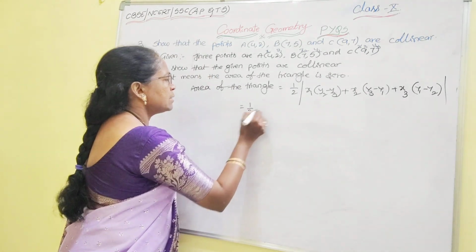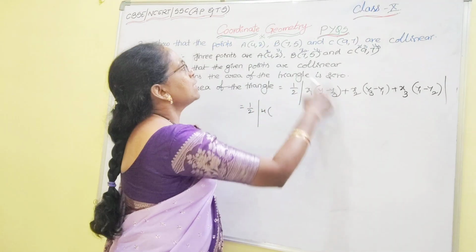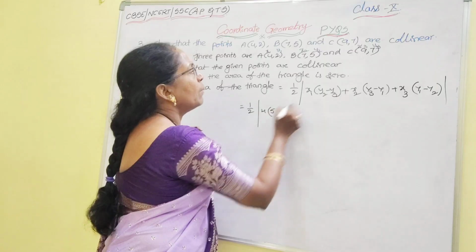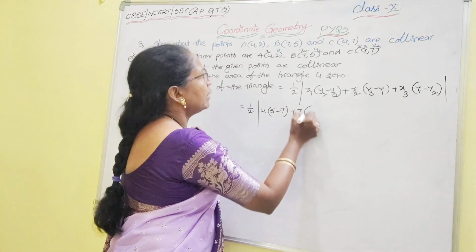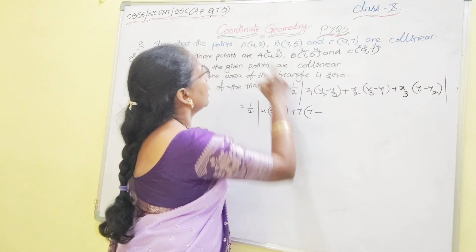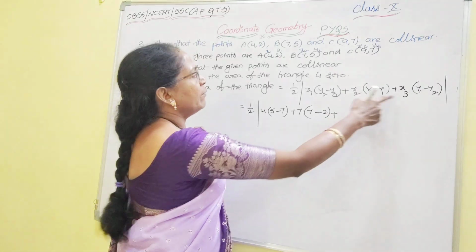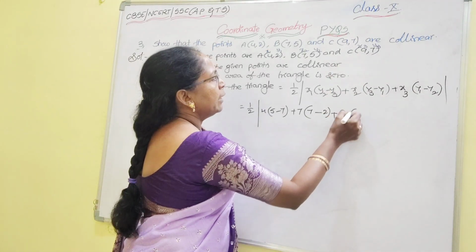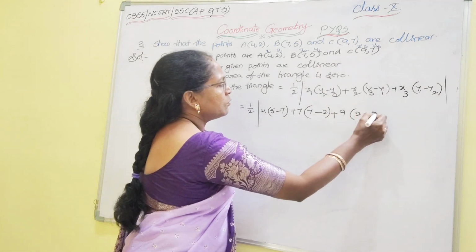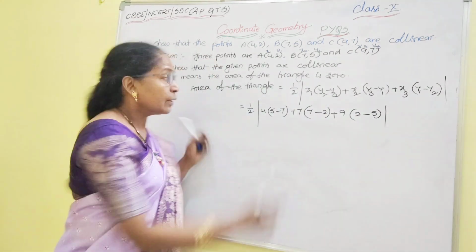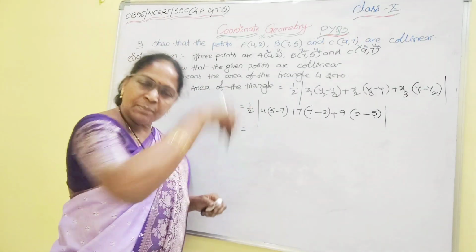Half modulus, where x1 equal how much? 4 into y2 minus y3, y2 equal to 5 minus y3 equal to 7, plus x2 equal to 7 into y3 equal to 7 minus y1 equal how much? 2, plus x3, where x3 equal how much? 9 into y1 minus y2, where y1 equal to 2 minus y2 equal to 5. This is the substitution. Write the formula, next substitute the values, next simplification.